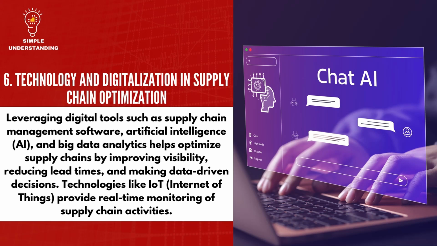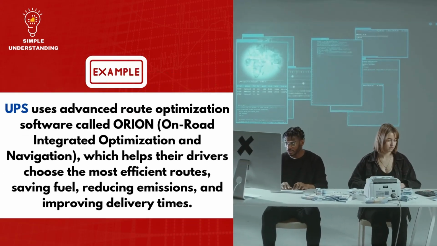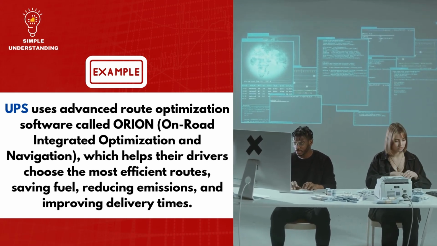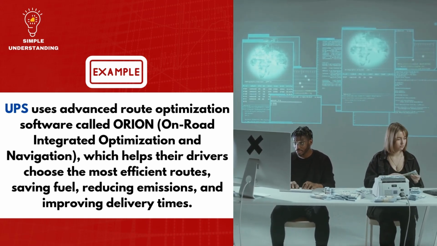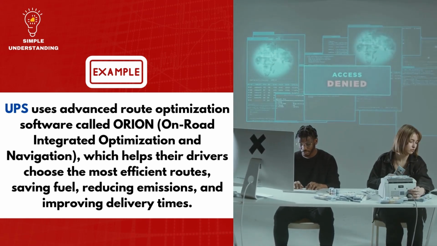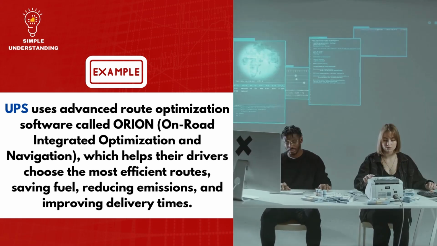Technologies like IoT, Internet of Things, provide real-time monitoring of supply chain activities. Example: UPS uses advanced route optimization software called ORION, On-Road Integrated Optimization and Navigation, which helps their drivers choose the most efficient routes, saving fuel, reducing emissions, and improving delivery times.